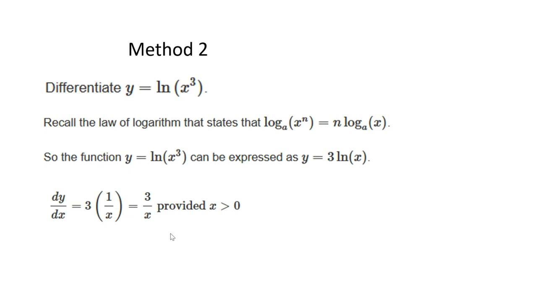But you're going to get the same answer if what you're doing is legit. And this is a legitimate way of looking at it. You can use a power law of logs principle, put that 3 in the front, and then simply treat that 3 like a coefficient. The derivative of ln of x is simple, it's just 1 over x, so it's 3 times 1 over x.